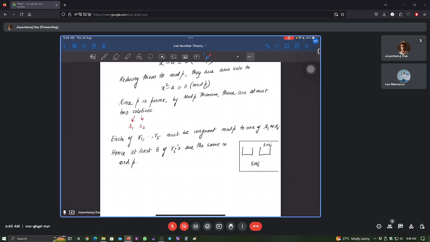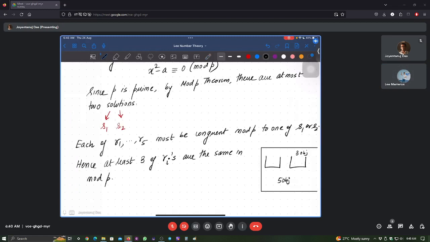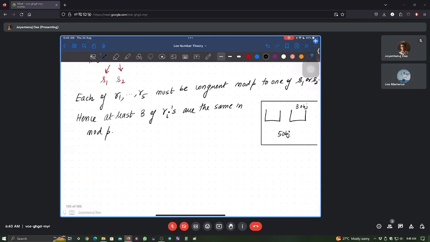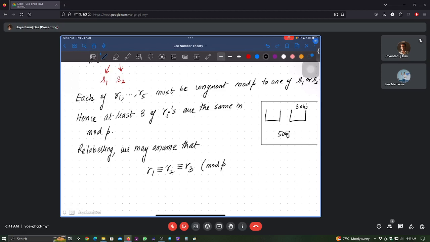Now we can rearrange them and assume, relabeling the objects, that R1 is the same as R2 is the same as R3 in modulo P. We can just relabel, right?